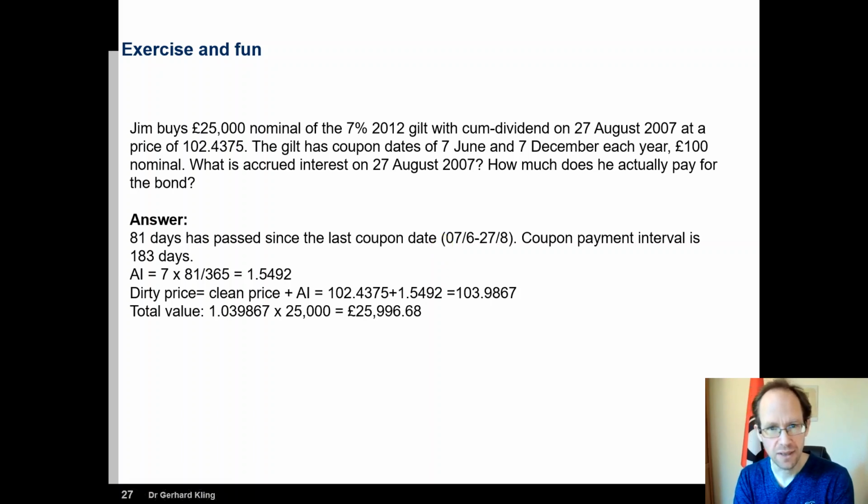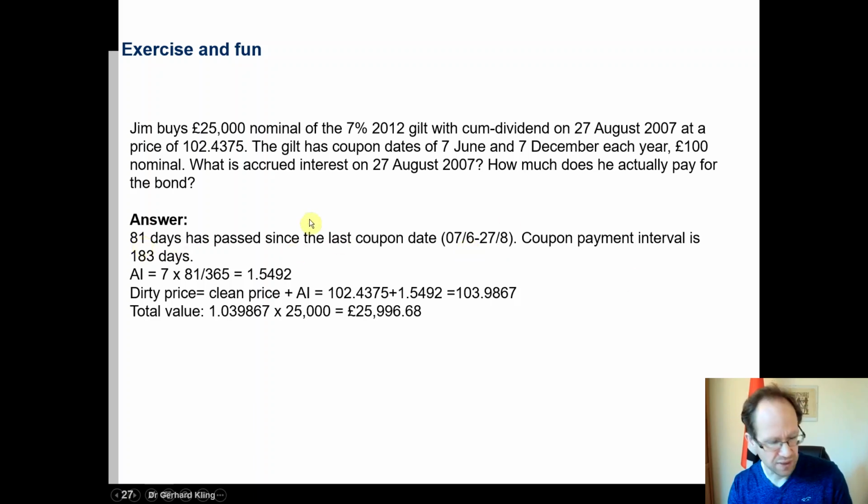Now what we need to do is we have to look at the difference between our interest payment period. So these are the dates for the coupon each year, and the date where the trade occurs. So in this case there is an 81-day difference in terms of the last payment and the current date. Now this can be easily calculated in Excel. I'm always very bad when it comes to calculating days from dates.